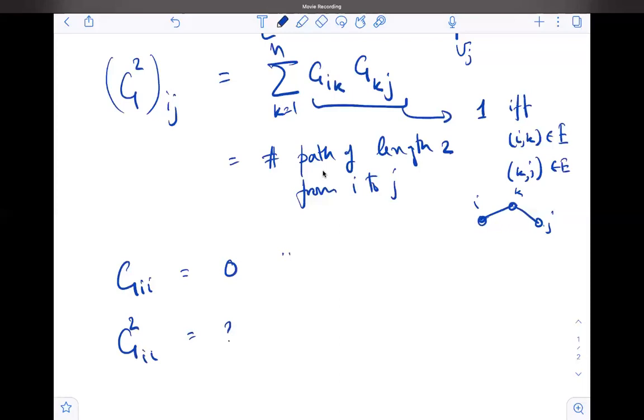It's the degree. This is the number of paths that I can take from i to i in 2 steps. I have to go from there to somewhere and come back. So every edge out of i will be counted once. So this will be the degree of i in Vi.